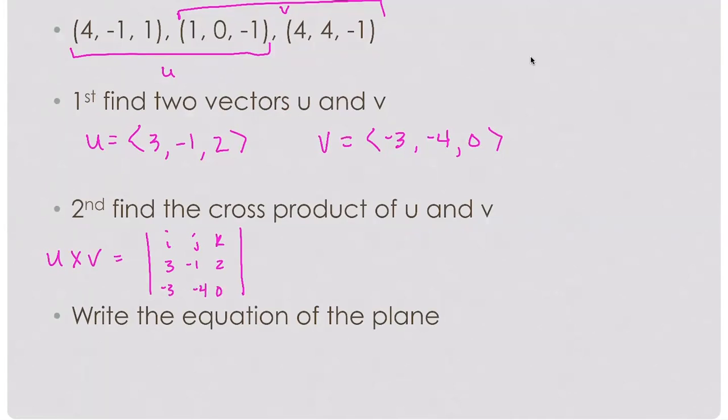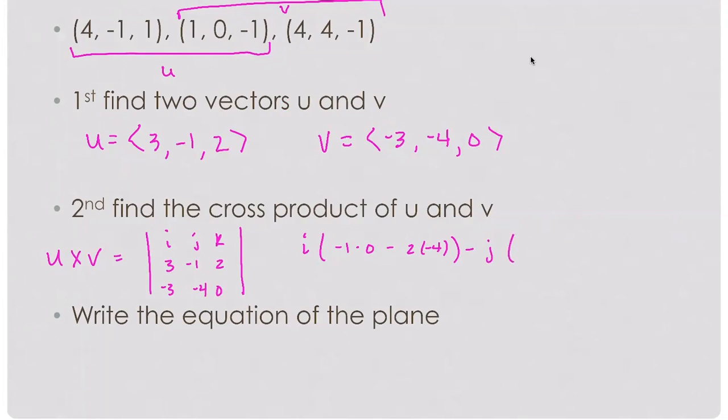When we find the determinant, we would be taking i times negative 1 times 0 minus 2 times negative 4. And then remember, the next one switches signs, so minus j.